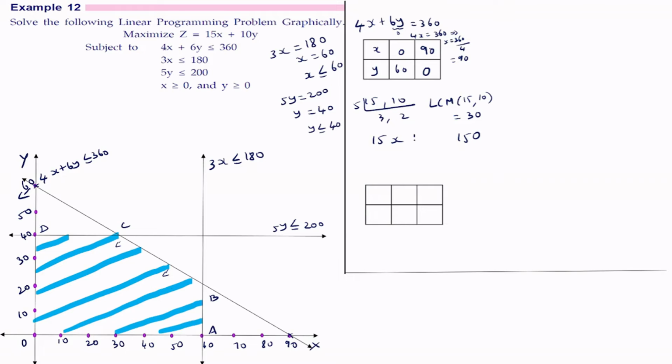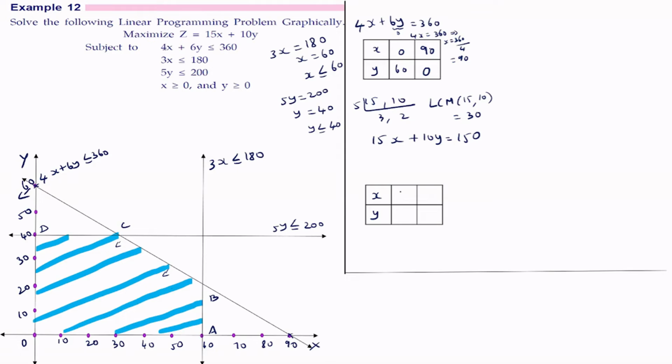So I am taking 15x plus 10y equal to 150, and I'm going to draw the first isoprofit line. This is my first isoprofit line, where the value for the objective function is 150. Again, it is the same way in which we have to draw this line.